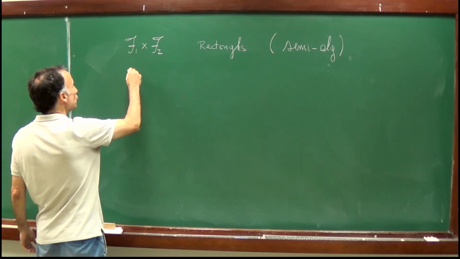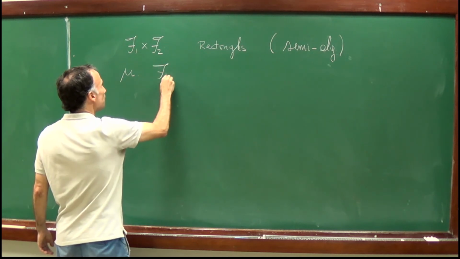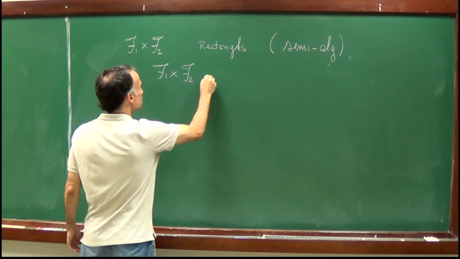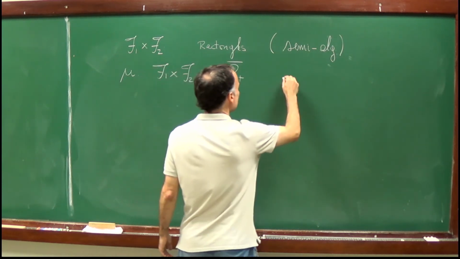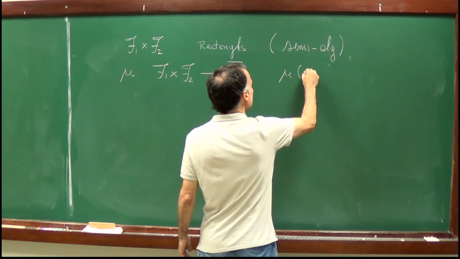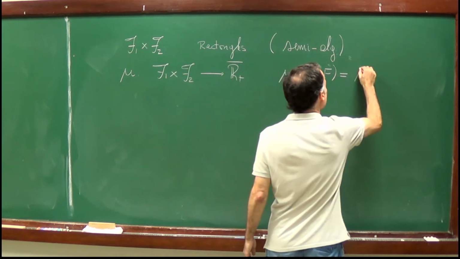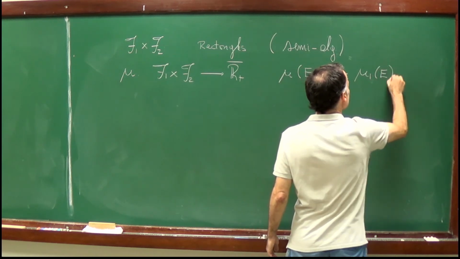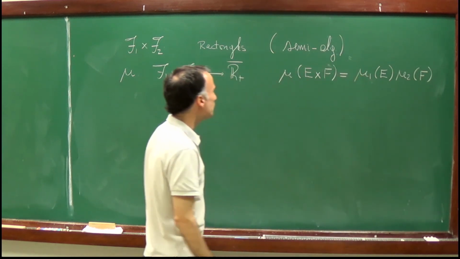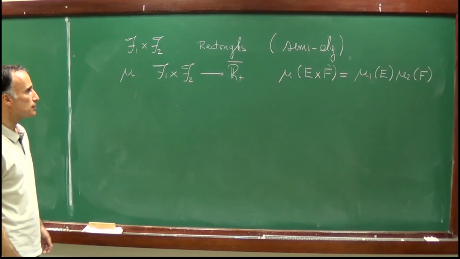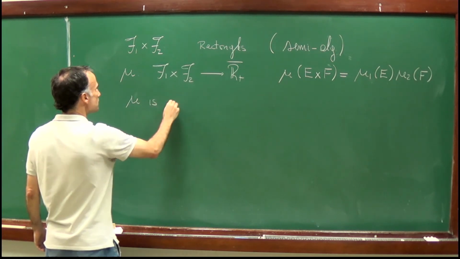Then we defined a function mu on F1 times F2 into R plus extended, such that mu of E times F is mu1 of E times mu2 of F. So we defined mu on the rectangles in this way, and we proved that mu is sigma additive.